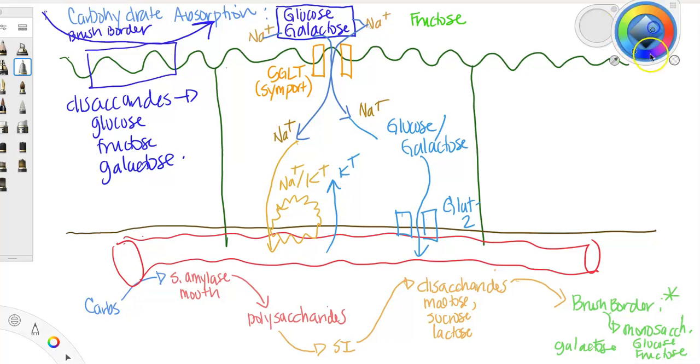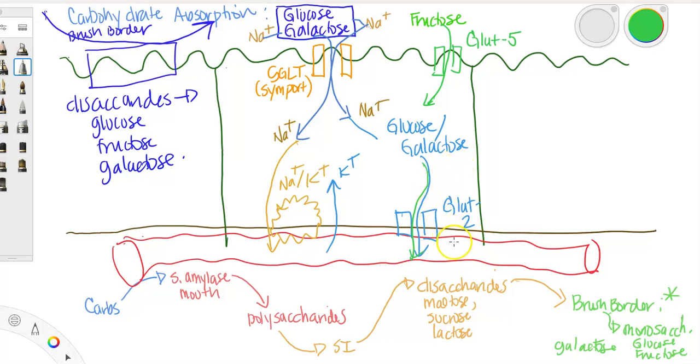Now, fructose, again, doesn't need sodium because for whatever reason, it just passively comes through. So there is another little transporter here. It's another GLUT, called GLUT5, and it allows fructose to come in. And then fructose will combine with glucose or whatever and ride back through to come into the blood as well.